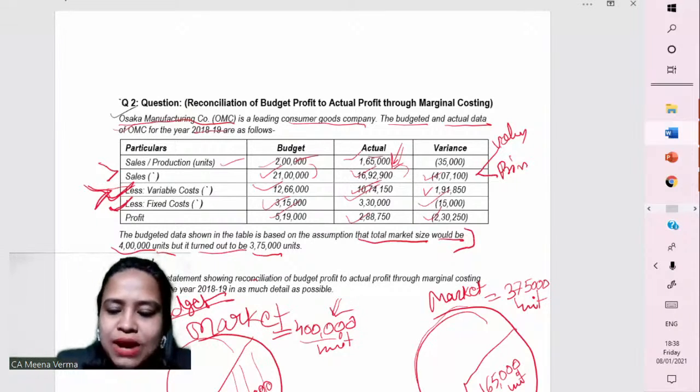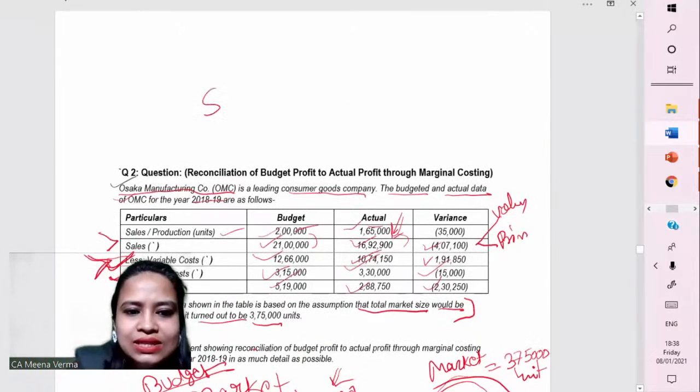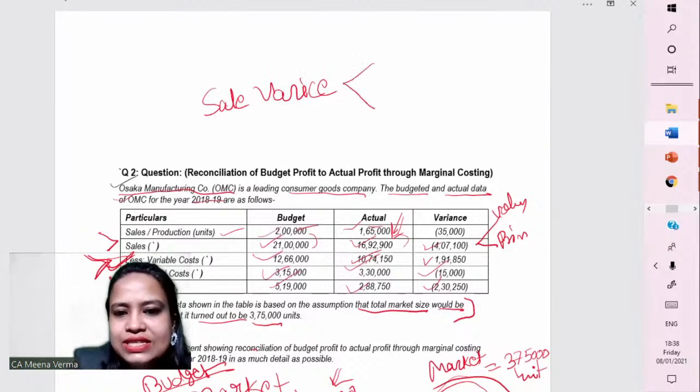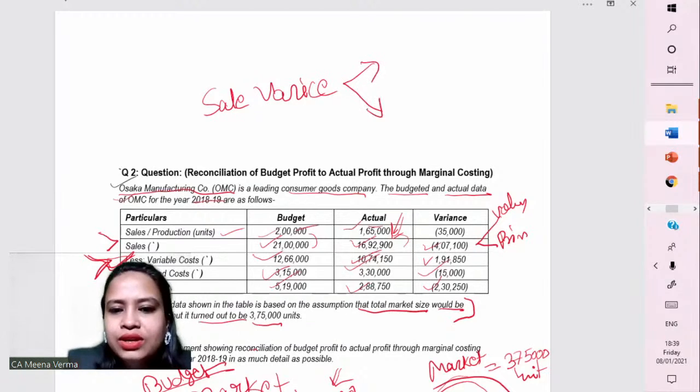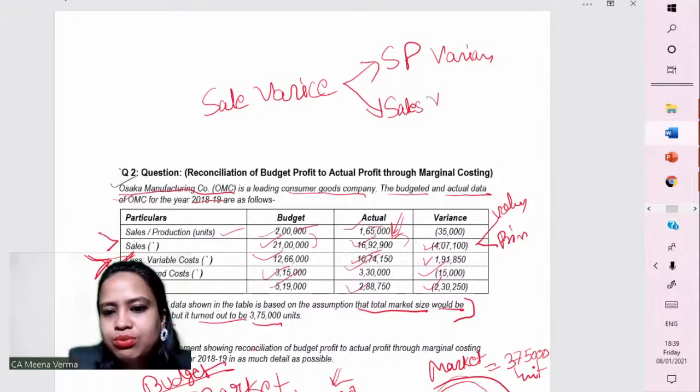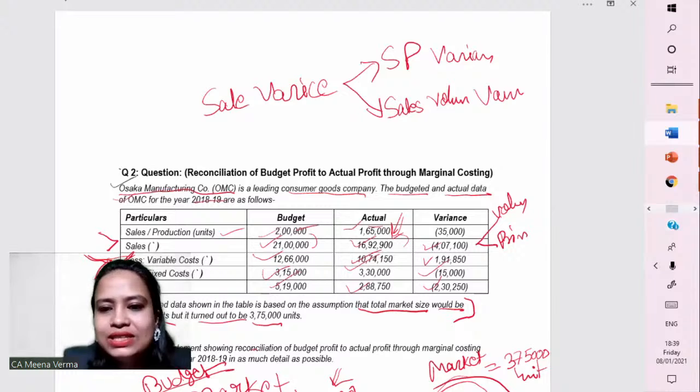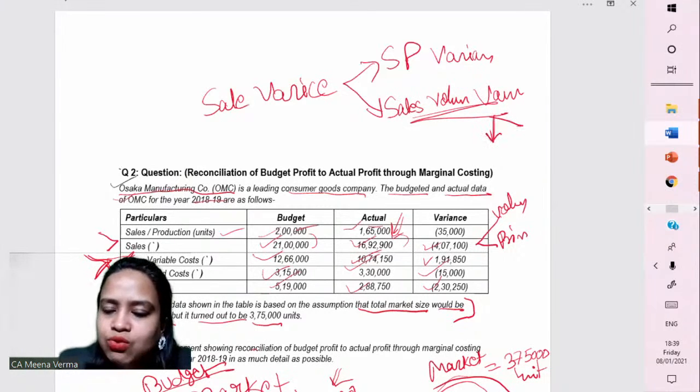So for sales variance, it is easy for me to calculate the sales price variance, and it is easy for me to calculate the sales volume variance. And for calculating the sales volume variance, I can further divide it into two parts. What?